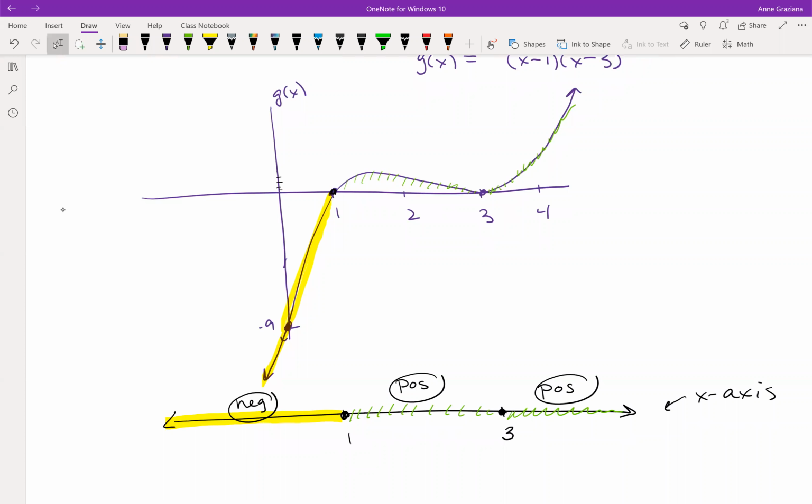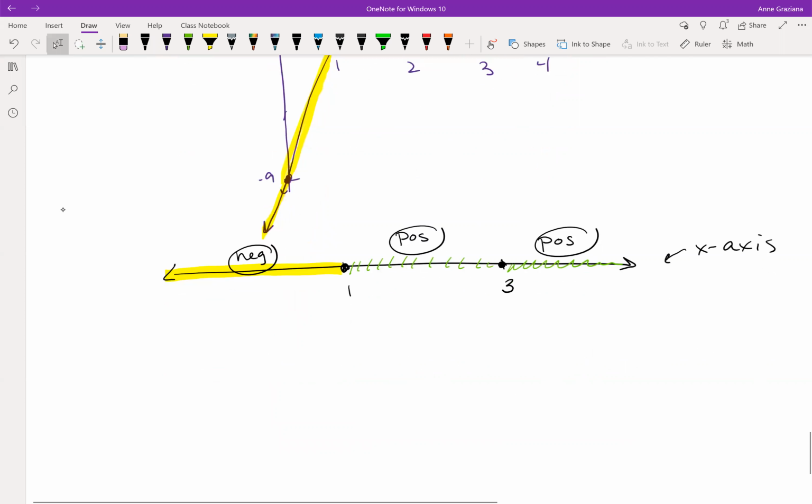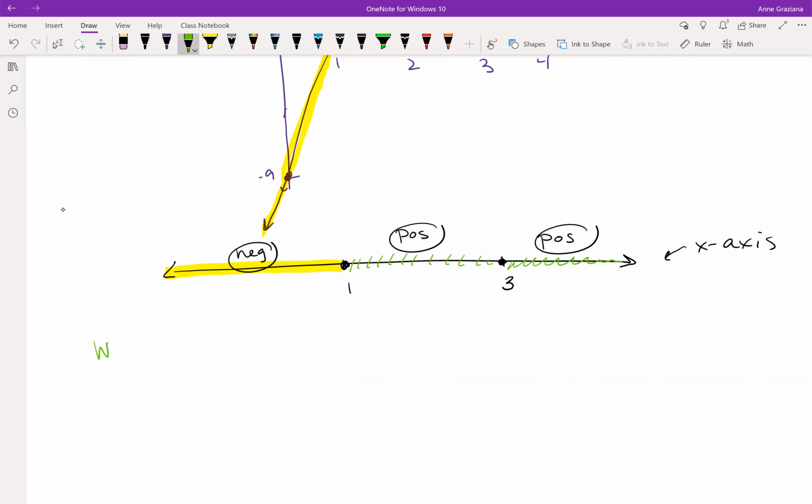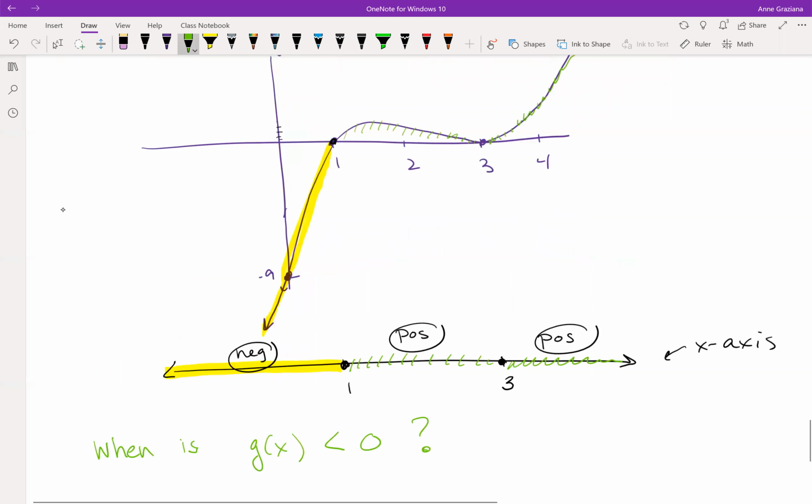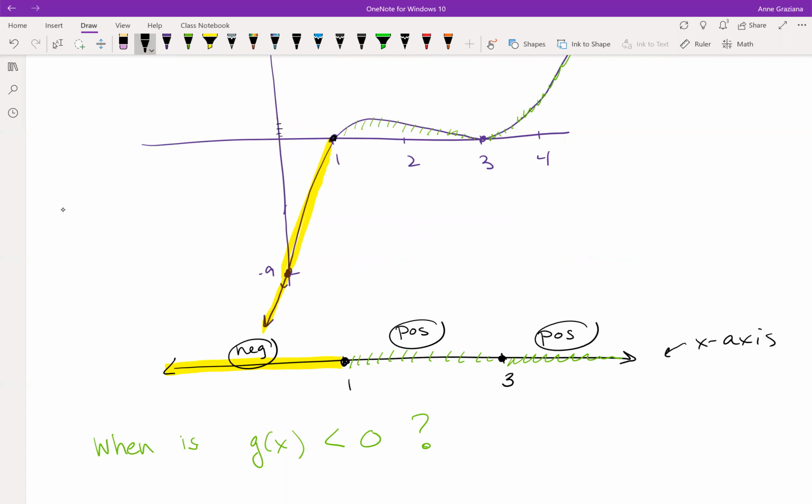Okay. So here's my final question. When is g of x less than or equal to 0?